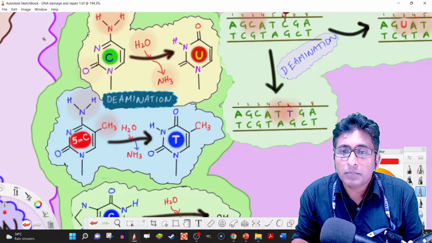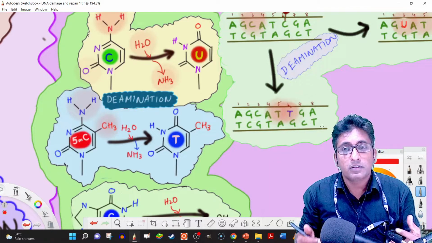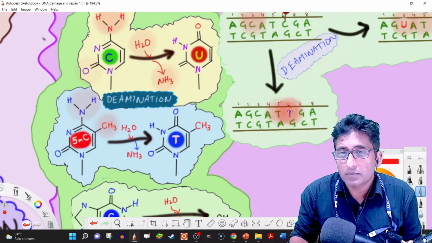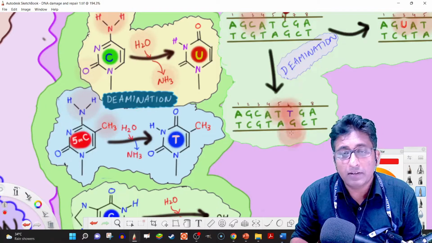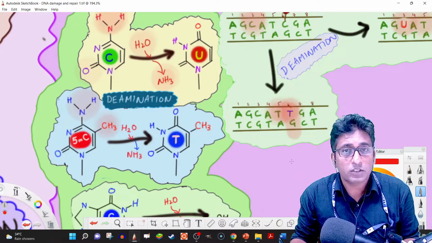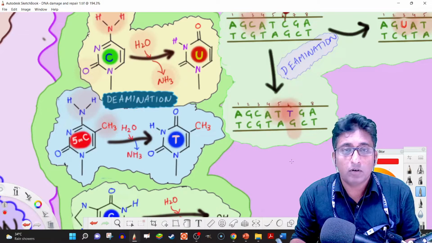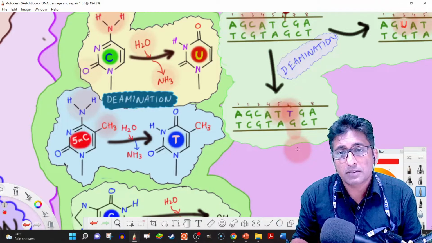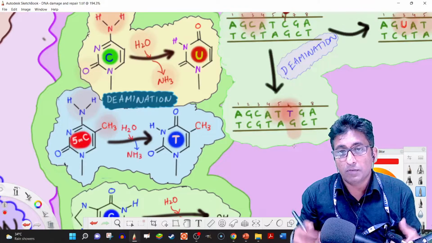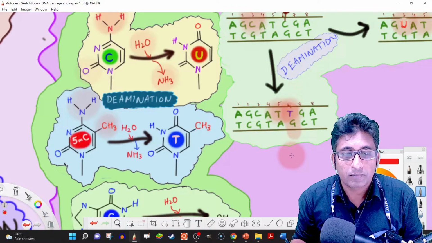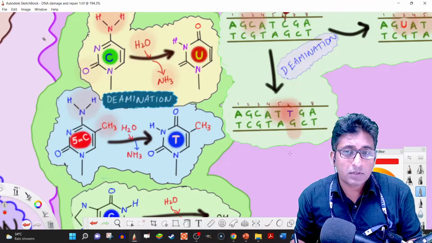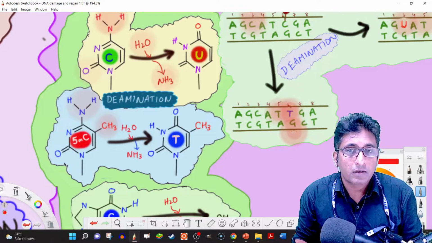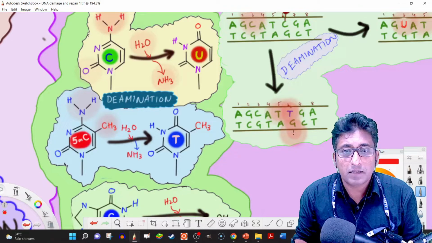And now for repair mechanisms to distinguish between which one to remove is a difficulty. Of course, there is a possibility that we have a TG mismatch, or mispairing, and then there are repair mechanisms which can remove the thymine in those cases. Nevertheless, if replication did occur in these scenarios, then it is going to be established as a mutation.